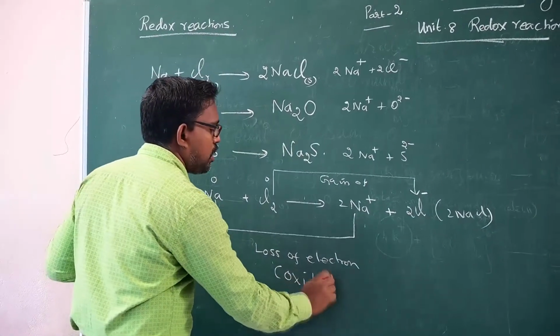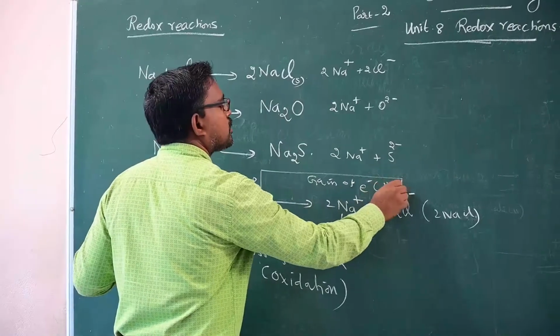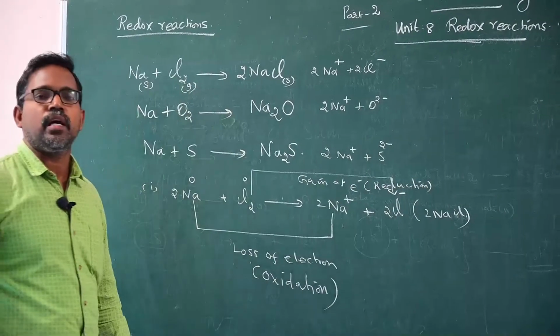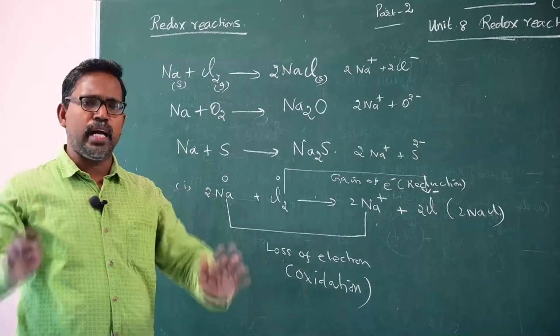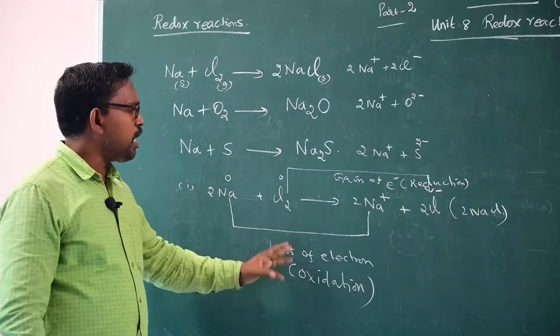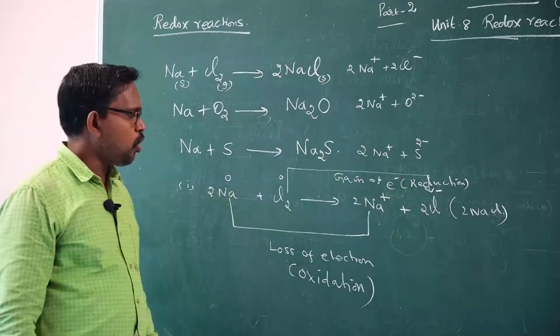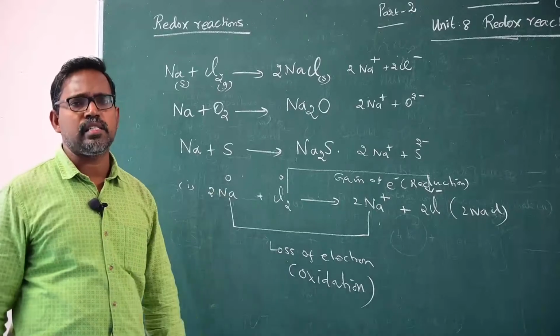Loss of electron is called oxidation. Gain of electron is called reduction. In any chemical process, when the element or compound changes from one state to another state by gain of one or more electrons, it is called reduction. So this is the electronic concept of oxidation as well as reduction.